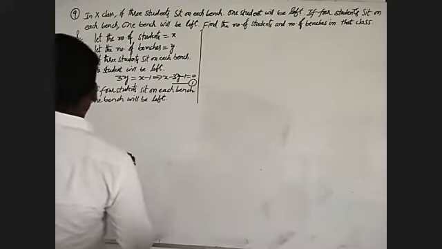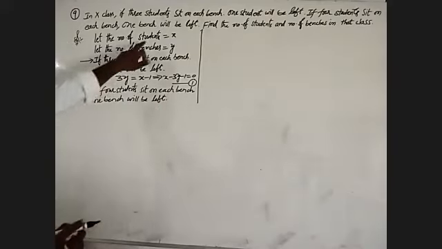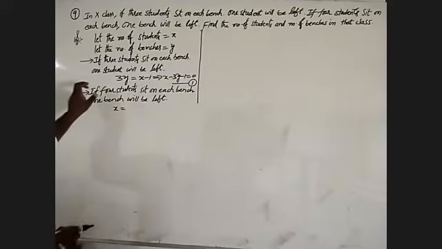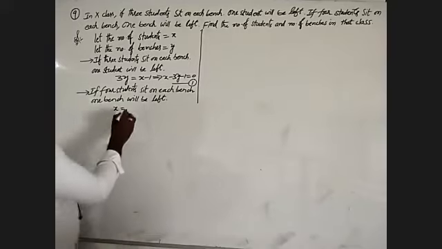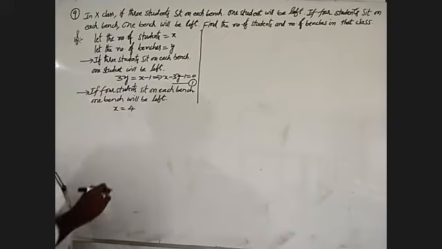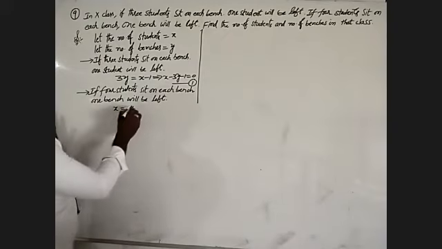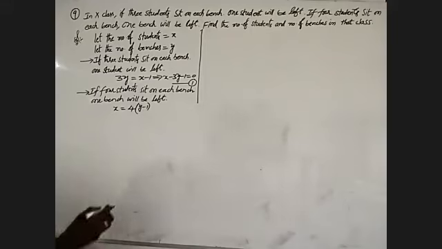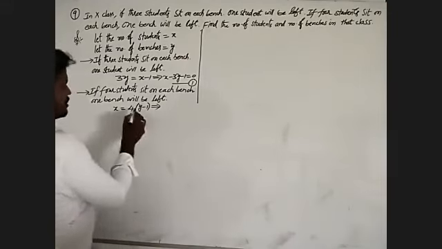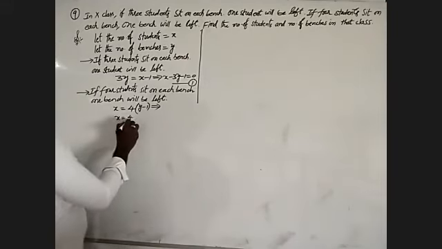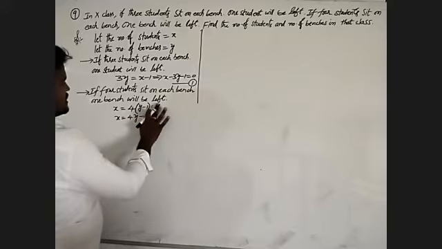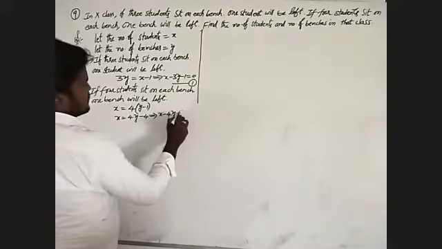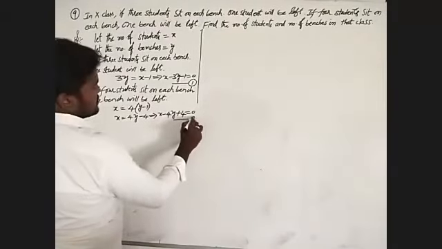Here we observe students we take as x. If 4 students sit on each bench, one bench will be left. Benches we have to take y. One bench will be left means y minus 1 we have to take. Then 4 into y becomes 4y. x is equal to 4y minus 4. This value becomes this side: x minus 4y plus 4 becomes 0. This is equation number 2.